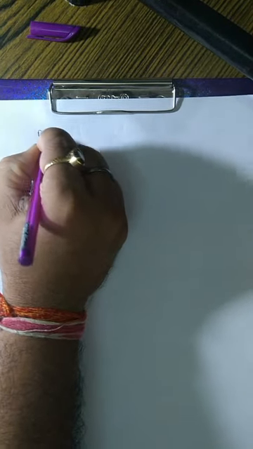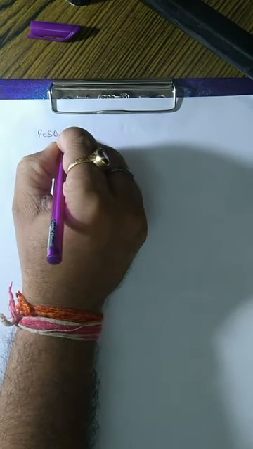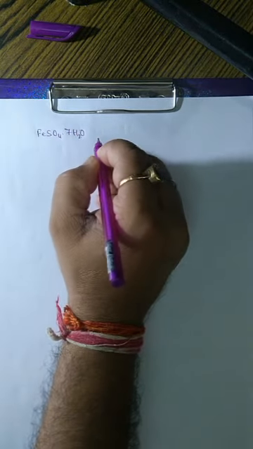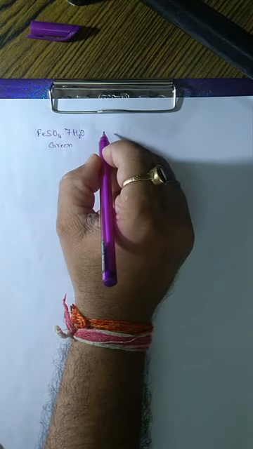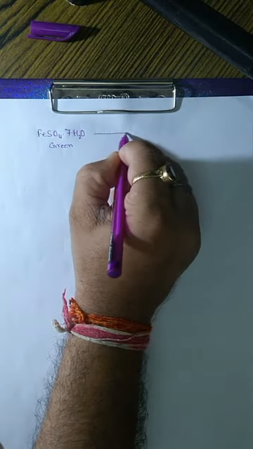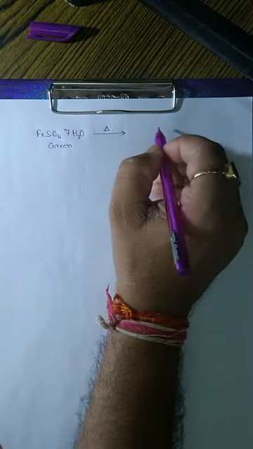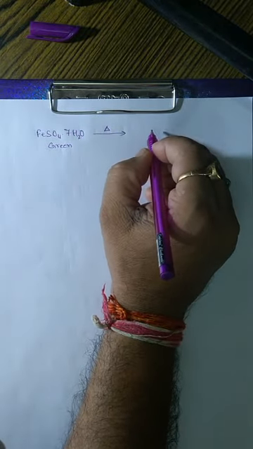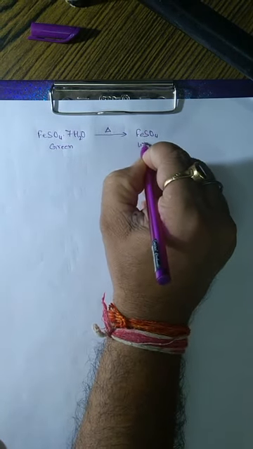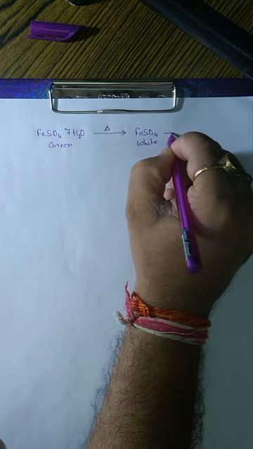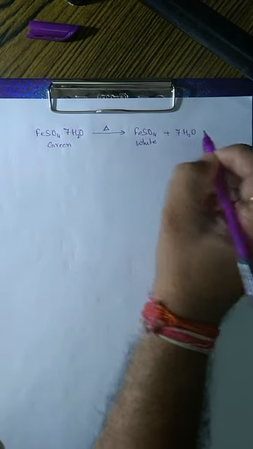Now one more example I would like to take here, that is ferrous sulfate FeSO4.7H2O. This is green in color. If we heat this, ferrous sulfate breaks into anhydrous ferrous sulfate, which is white in color, and the water molecules are written here.